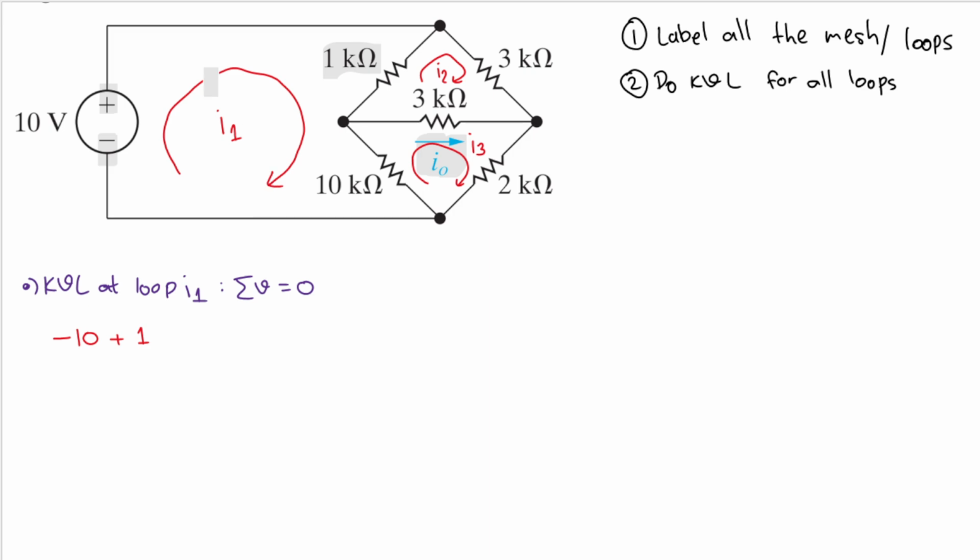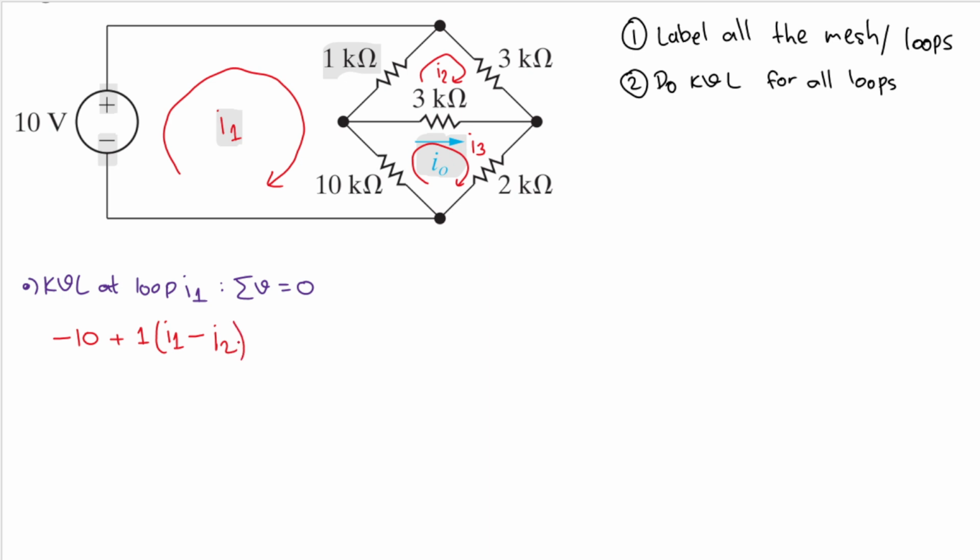Currently we are working on I1, so we multiply it by I1. However, in this 1 kilo ohm resistor there is also another current, I2. I2 is flowing in the opposite direction of I1, so I will have to subtract I2. So I will have minus I2.